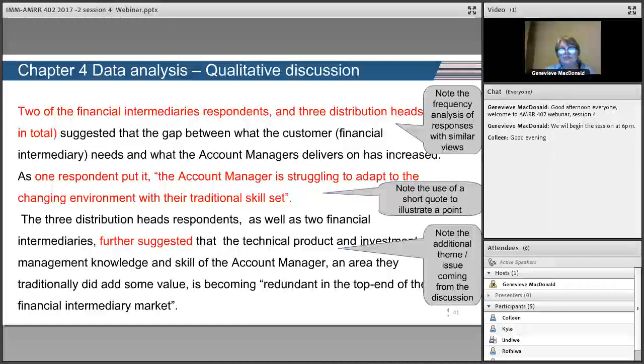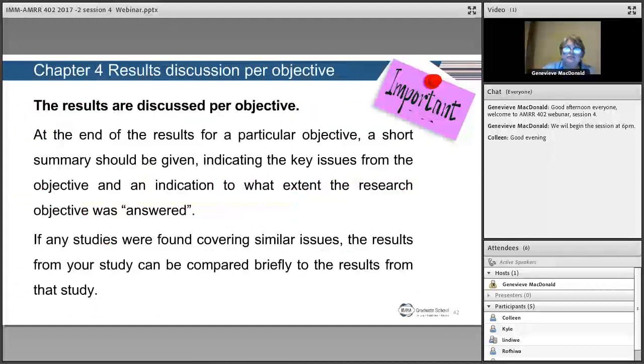And then note the use of a short quote to illustrate a point, and note the additional theme or issue coming from the discussion, where they're actually saying that some skills and knowledge is becoming redundant in that particular marketplace. That is very important. That is adding value to the actual discussion of the results.